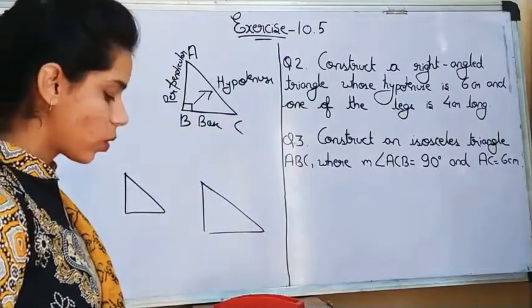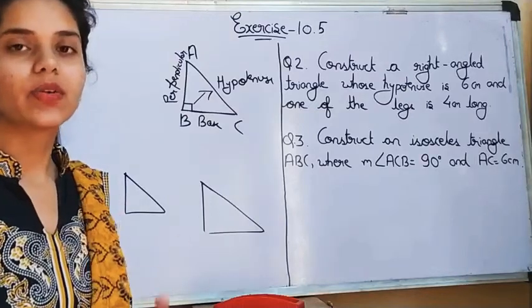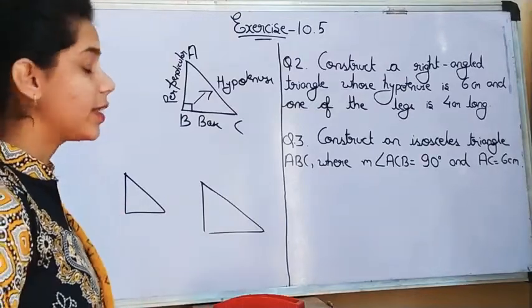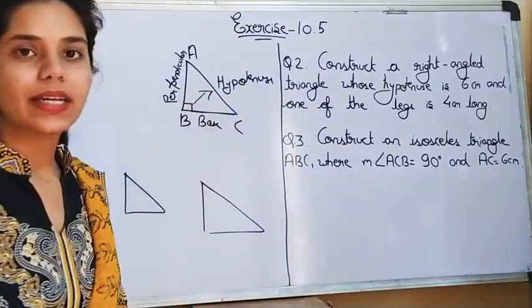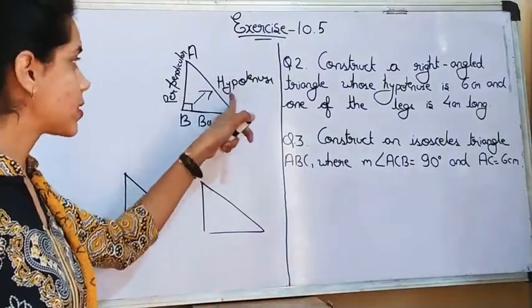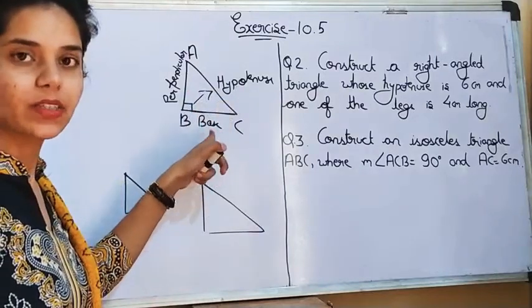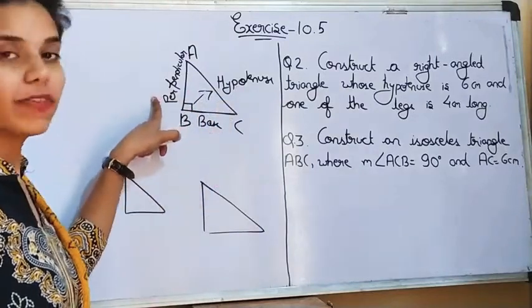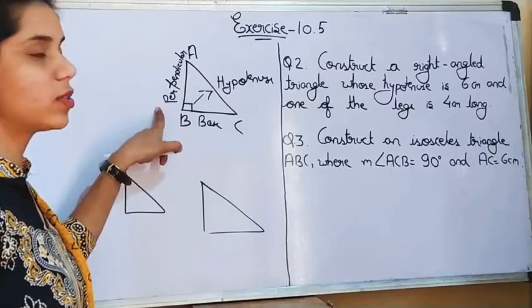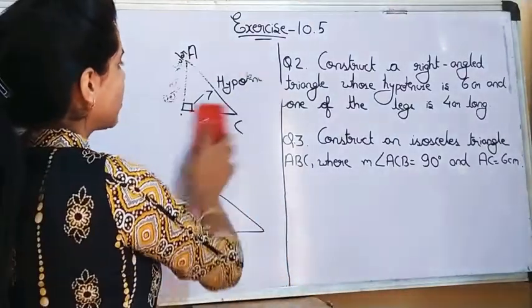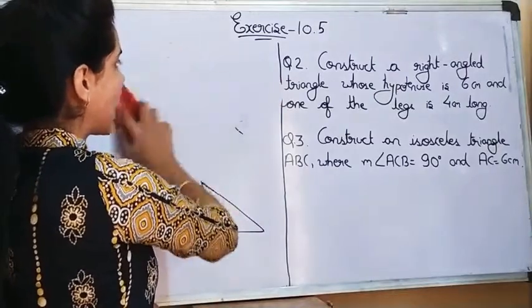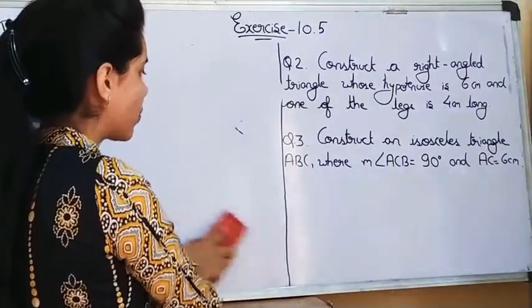There are various examples in your daily life. So the side opposite to the right angle is the hypotenuse, the side on which the angle is made is the base, and the line which makes the 90-degree angle is the perpendicular.